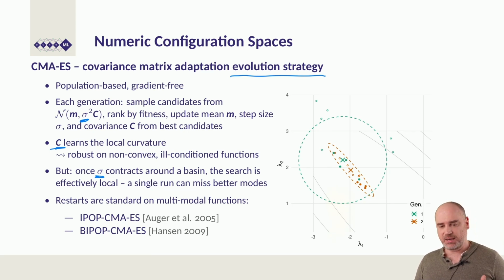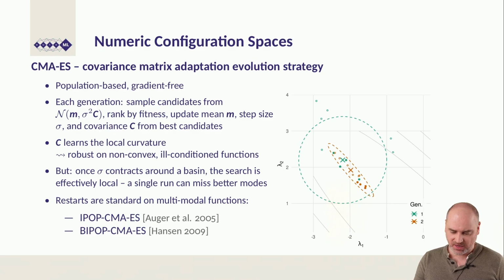So there's something like IPOP-CMA-ES and BIPOP-CMA-ES, where they're trying to detect good time points where you should stop the optimization because you're not expecting any progress anymore. And then you're restarting, and you're also then changing your population size.